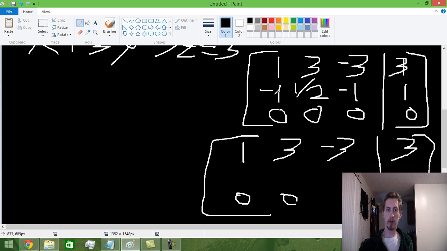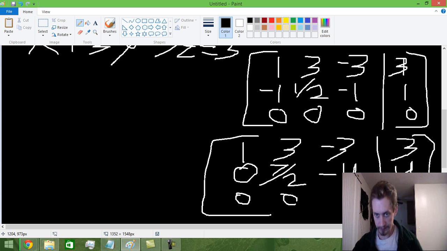Okay, so 1 plus minus 1 is 0. Now we're going to have our same 7/2 here from the last example. So we're adding these two together. And now adding these two together gives us minus 4. Adding these two together gives us 4.